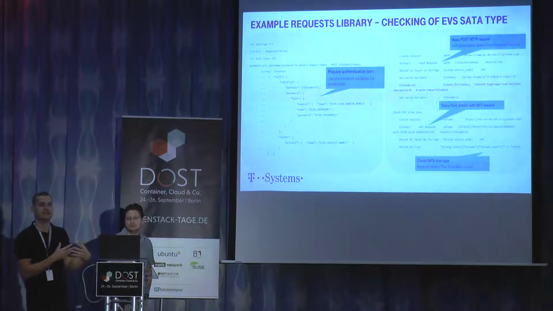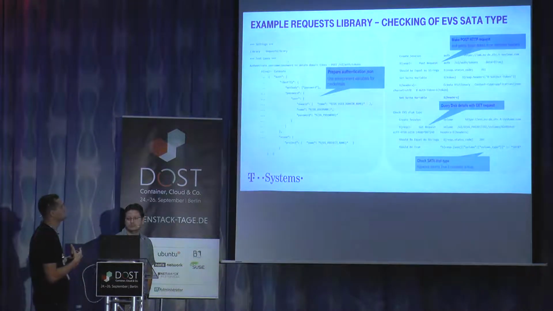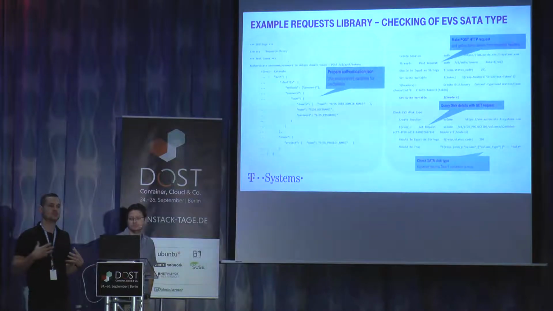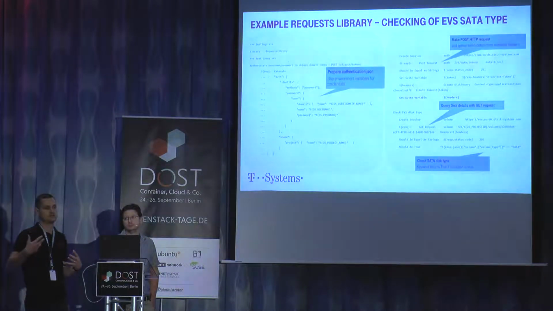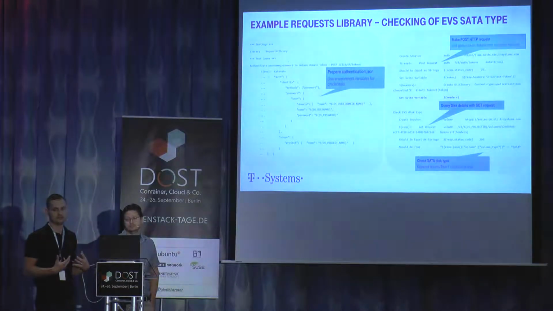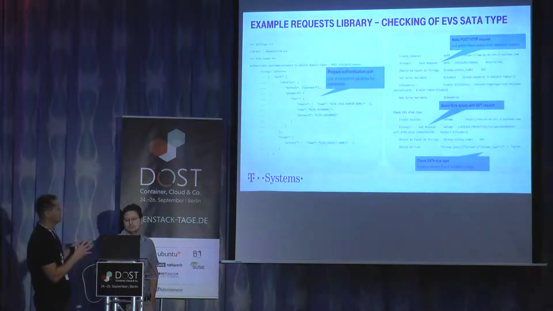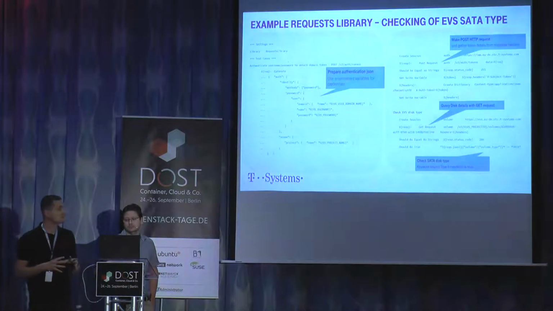This is a prerequisite, actually, using the request library to be able to issue any request towards OpenTelekom Cloud which needs authentication. And then the actual test case, check EVS disk type.